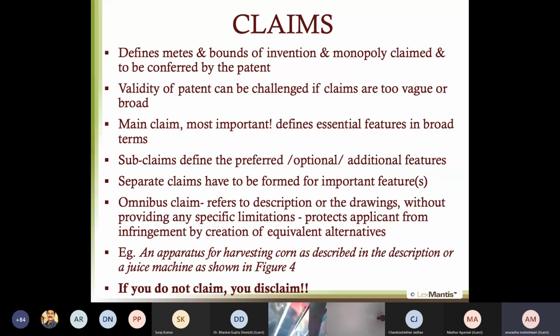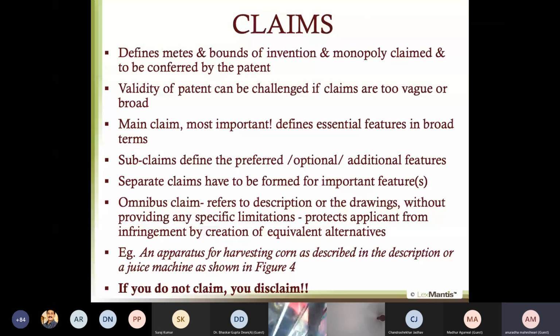The main claim is the most important part because it defines essential features in broad terms. Then there are dependent claims, which add additional features, and separate claims are formed for separate features. There are also omnibus claims, where the invention is described generally and refers to diagrams or figures.